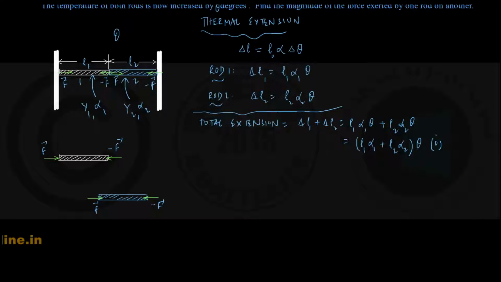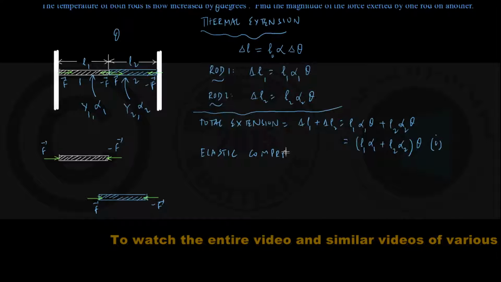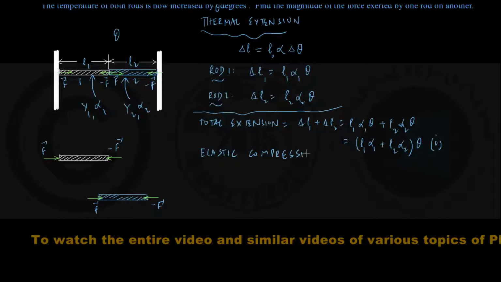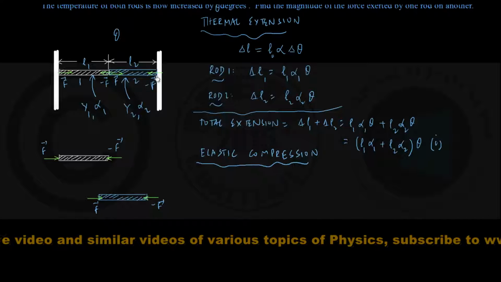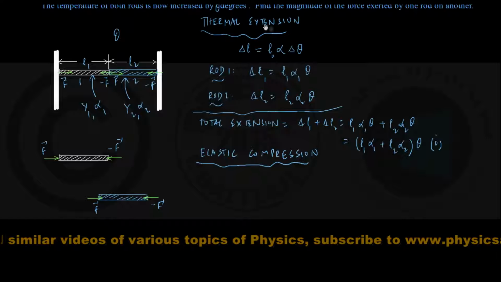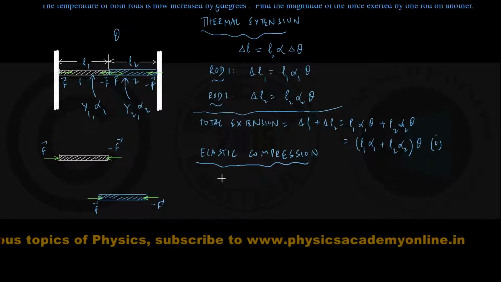So we might write down now, we are finding out the elastic compression of the rods because of the presence of those massive rigid walls which stop any possible extension. And for that, first of all, let's recall the formula for Young's modulus.